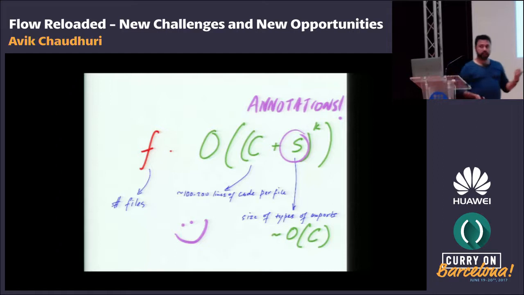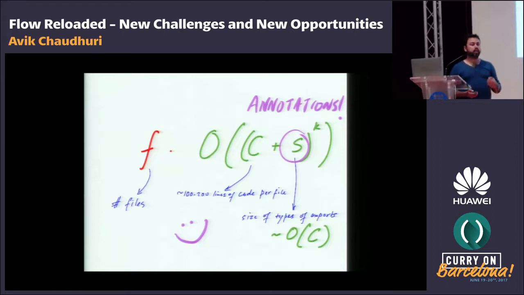All right, so the first thing we did, right off the bat, we discovered right when we were getting started that a whole program analysis is not going to work. So we broke this thing into chunks and did modular analysis, and annotations were the things that came to our rescue.